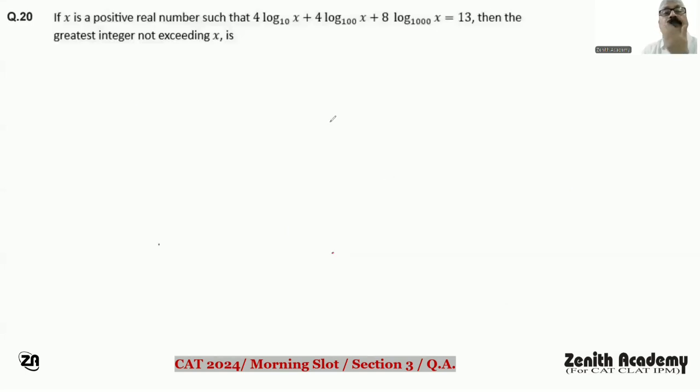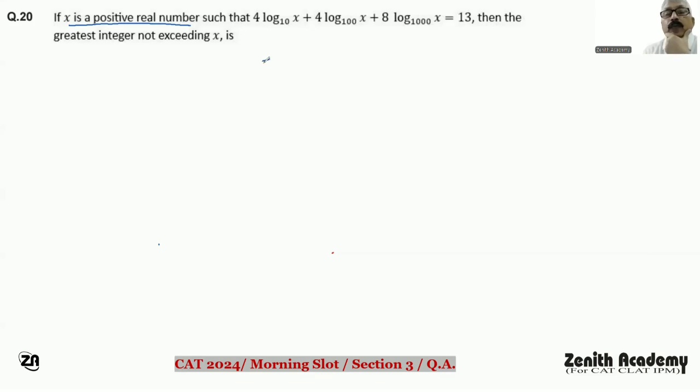Now see the next question. If x is a positive real number such that 4 log of x base 10 plus 4 into log of x base 100 plus 8 into log of x base 1000 is equal to 13, then find the greatest integer not exceeding x.